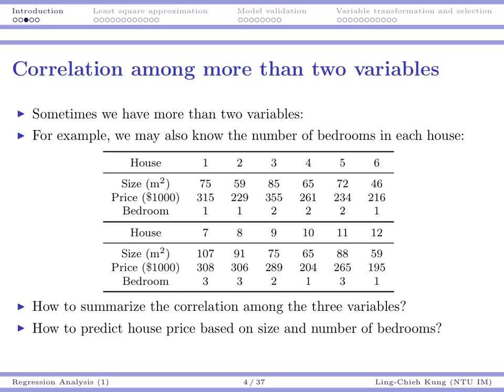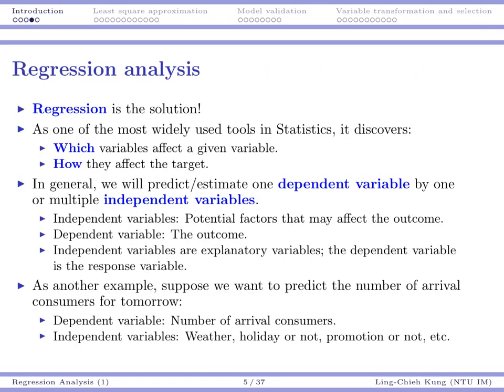In general, we may have a lot of variables, and we may want to find their relationships. We will want to ask, given a few variables, is it possible for us to predict other variables? That's the topic that we want to introduce today. So for the given questions, regression is the solution.